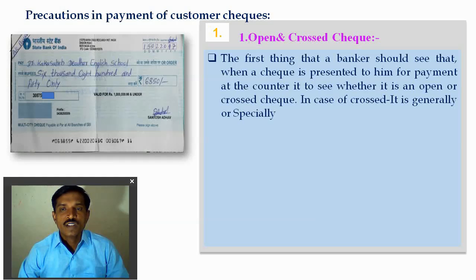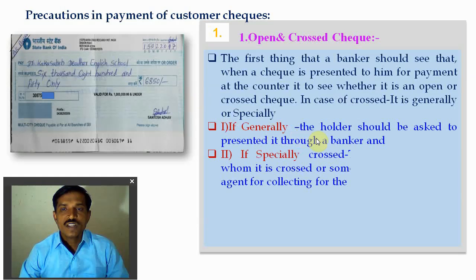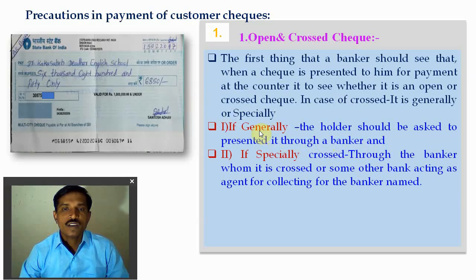In the cross check, it is either a general crossing or a special crossing. General crossing means that on the left side of the check there are two parallel lines, and in the special crossing there are some words mentioned, like not negotiable, account payee only. In a general crossing, the holder should be asked to present it through a banker. A special crossing is through the banker named, or some other person acting as an agent for collection for the banker named.